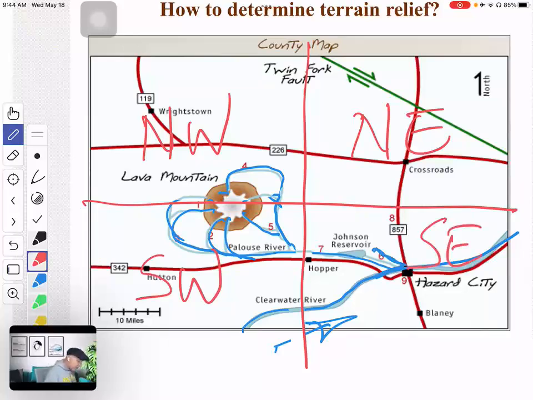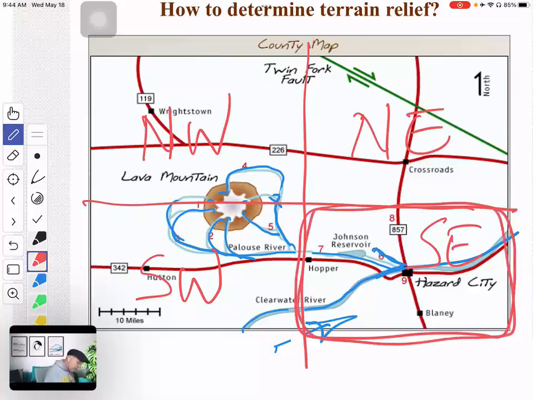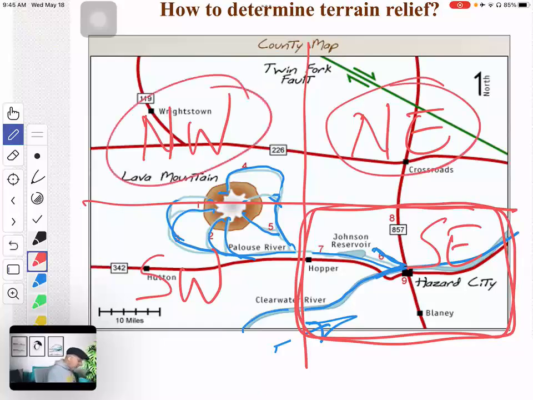And you can see that the southeast quadrant is the lowest elevation because all the water is flowing towards that quadrant. The northeast is relatively high. Northwest definitely high. You see how all the water is moving away from the northwest. They're also moving away from the southwest.